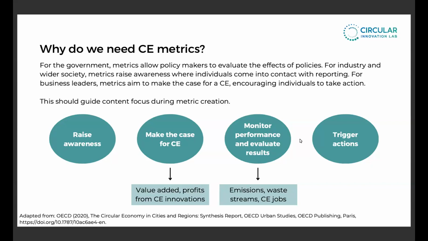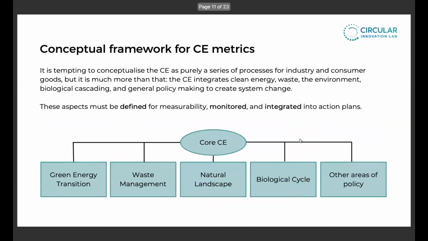Understanding the reasons behind using CE metrics can also help us tailor our indicator choices towards these goals, including metrics on value added and growing markets on top of tracking the progress of CE policies. It is tempting to conceptualize the circular economy as purely a series of processes for industry and consumer goods, but it is much more than that.